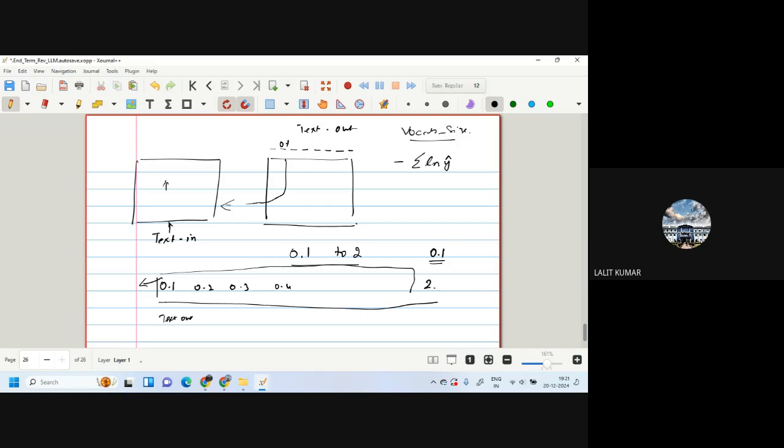Now the question from Shubham was: in case this was from 0.1 to 2 and continuous, can we use text in, text out? The vocab size will always be definite. For example, if you take 40,000, it can predict only those 40,000 things. Whereas from 0.1 to 2, if I take a precision of 0.0001 up to 2, the values might be more than 40,000. So then I cannot use text in, text out. You could use it, right?